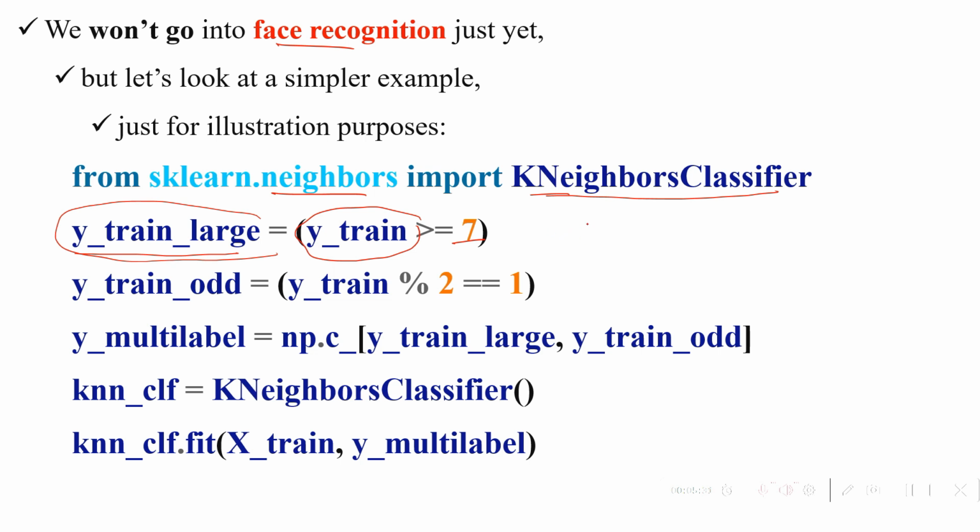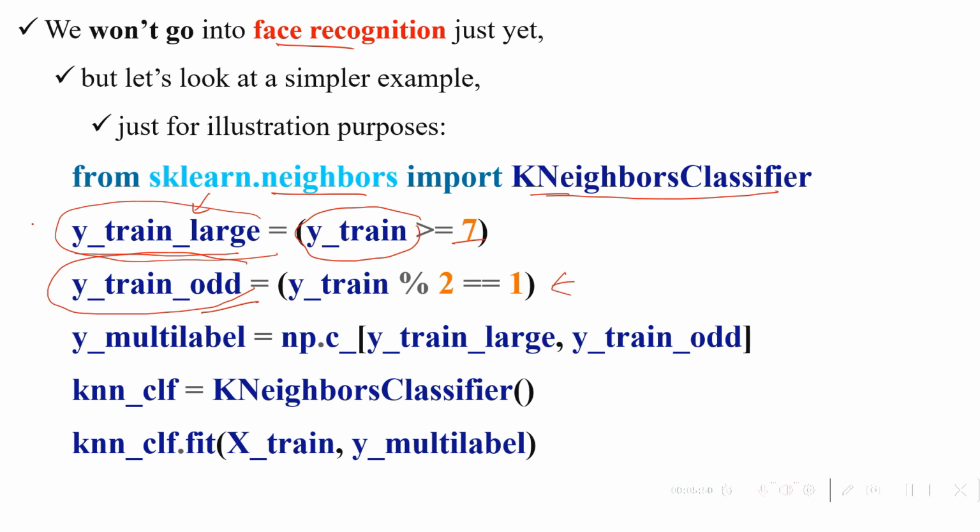That is one class: if the elements are greater than or equal to 7, that is assigned to one class label. And we also give the other class label, y_train_odd, equal to y_train mod 2 equal to equal to 1. That means if the remainder of the division by 2 is 1, then it is an odd number.